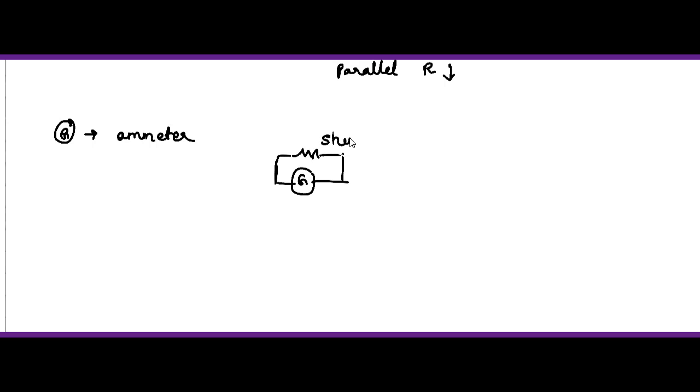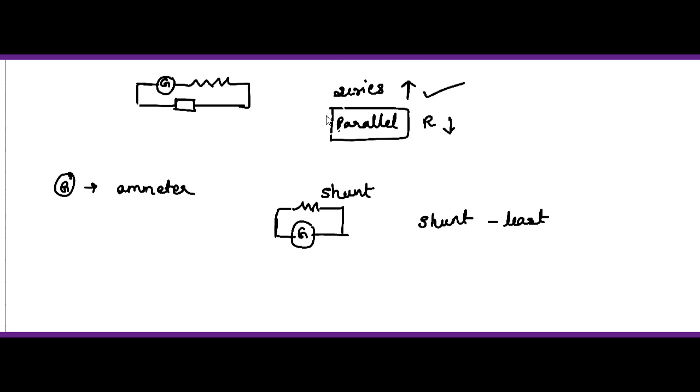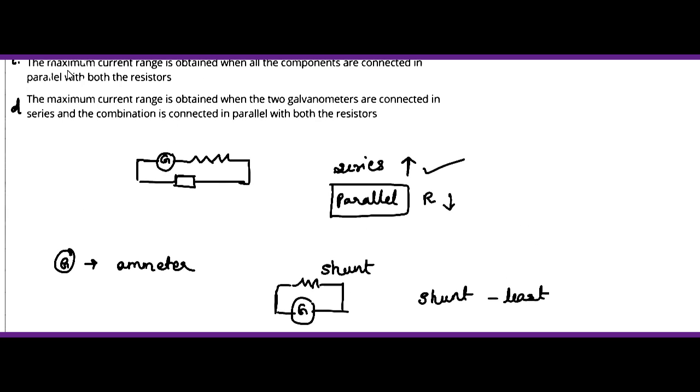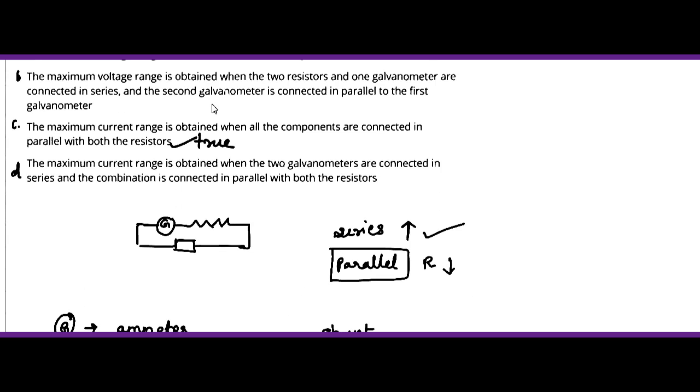And this value of the shunt resistance should be the least value. So to get the least value, the resistors should be connected in parallel. So out of C and D, option C is true and option A is true.